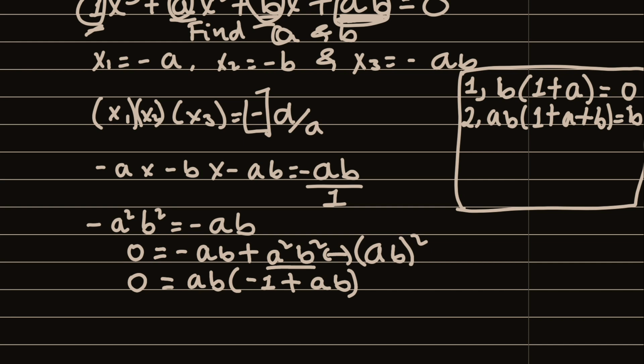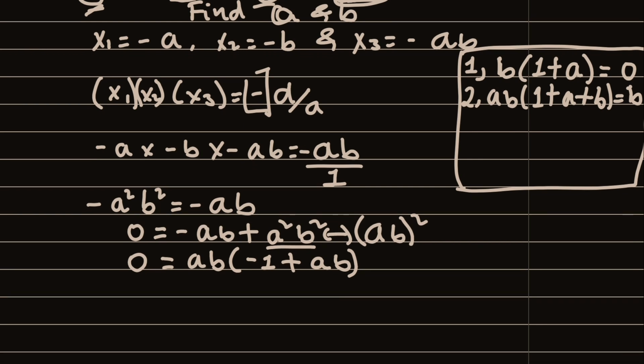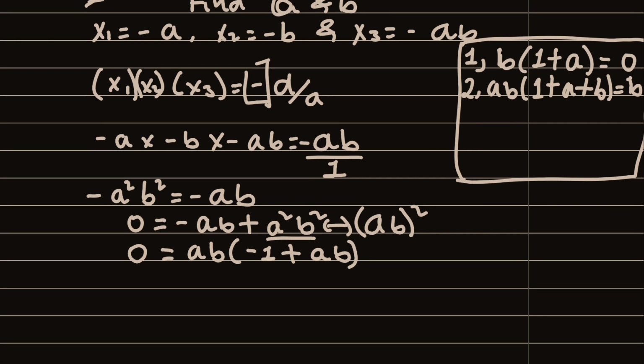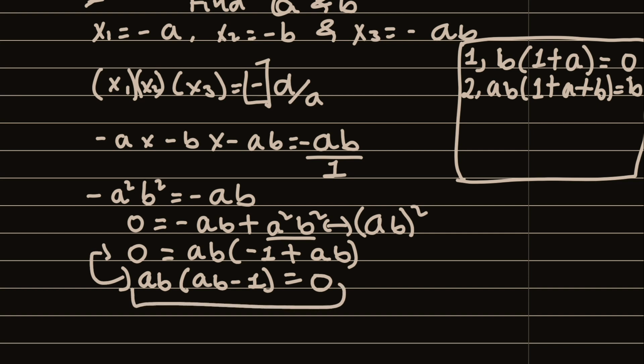When we rewrite it, we can put it as ab times ab minus 1 equals to 0. These two are the same. So this will be our third formula of Vieta.